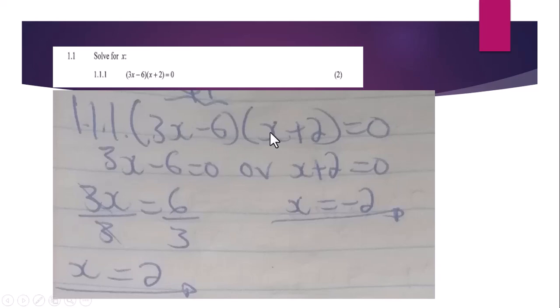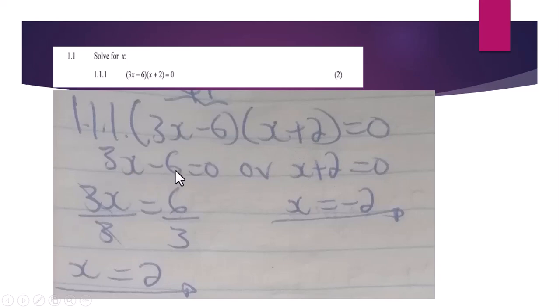Whenever you have two factors multiplied and they equal 0, you take the first bracket, 3x - 6, and you equate that to 0. And also you take x + 2, you equate to 0. You don't include those brackets. You just say 3x - 6 is equal to 0, or x + 2 is equal to 0.